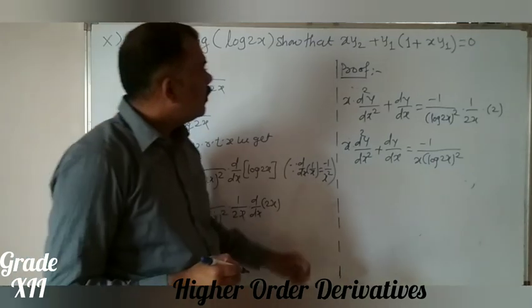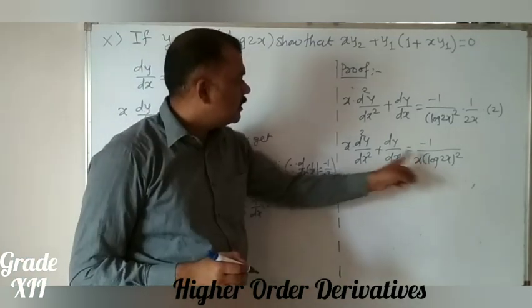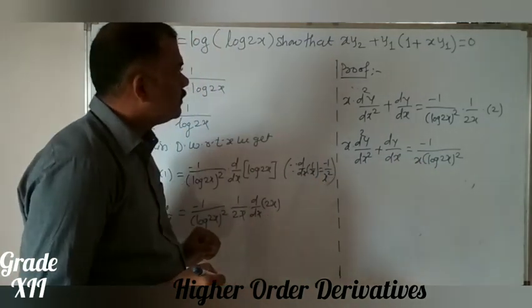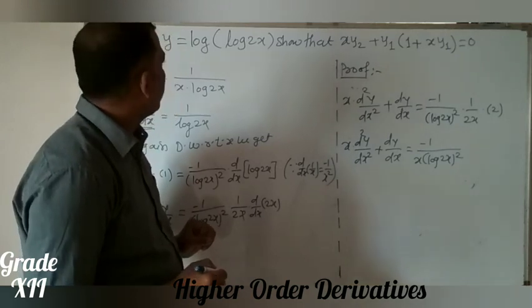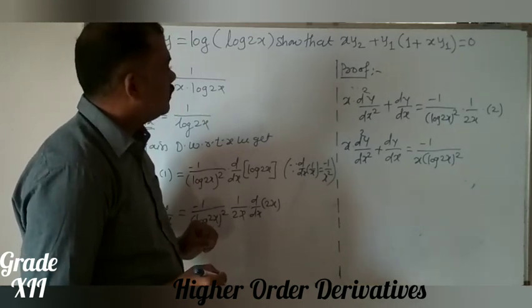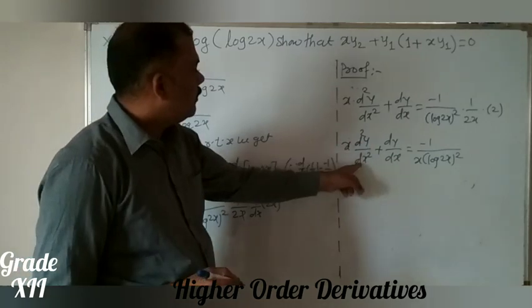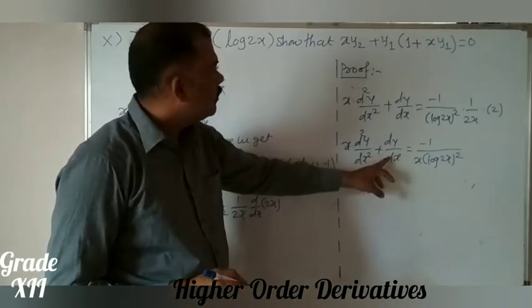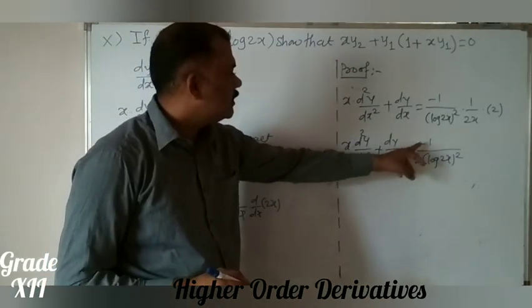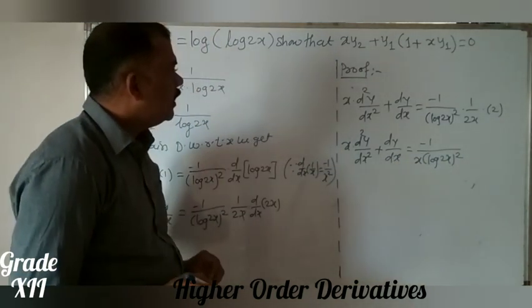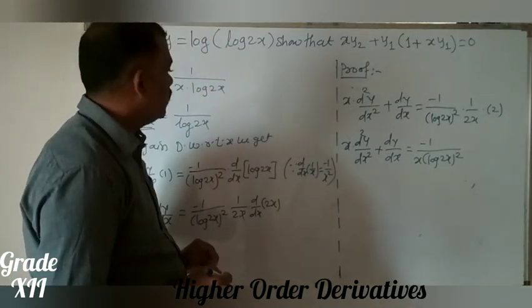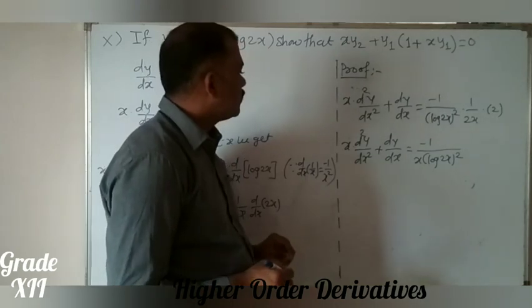Here what we require, we have to take this term on this side, so that we get x into d2y by dx square here as it is. Only for this, dy by dx is equal to minus 1 upon x into log of 2x bracket square.